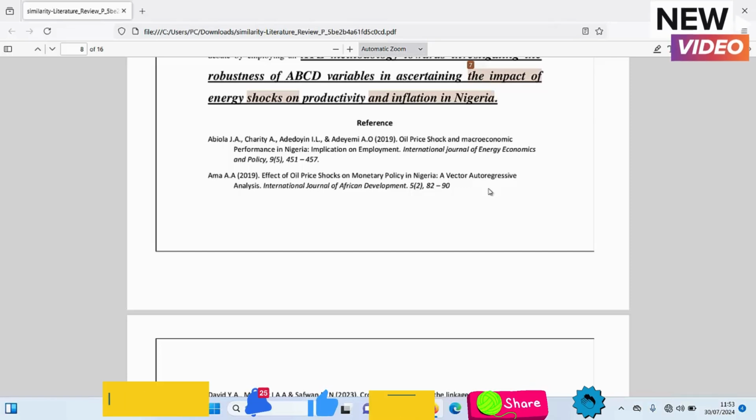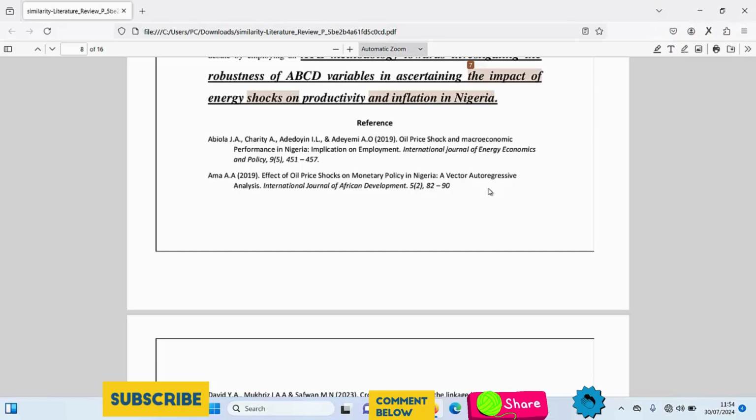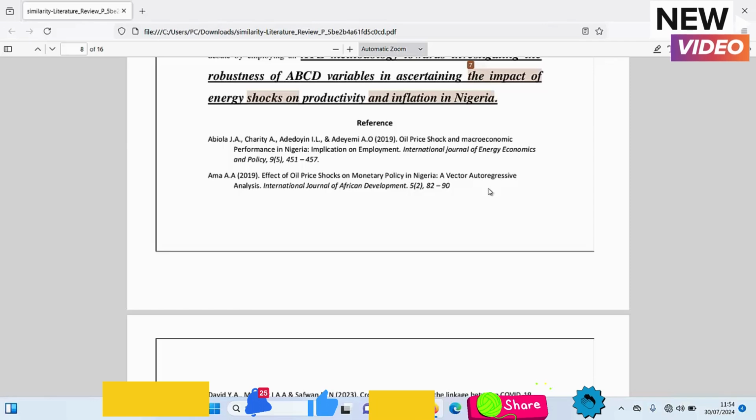Another thing is the quoted words. So you need to ask your department, or in fact you don't even need to ask. Any sentence that is in quotation should be excluded. But if your institution or your department insists that quotation must not be excluded, then you have nothing to do with that.